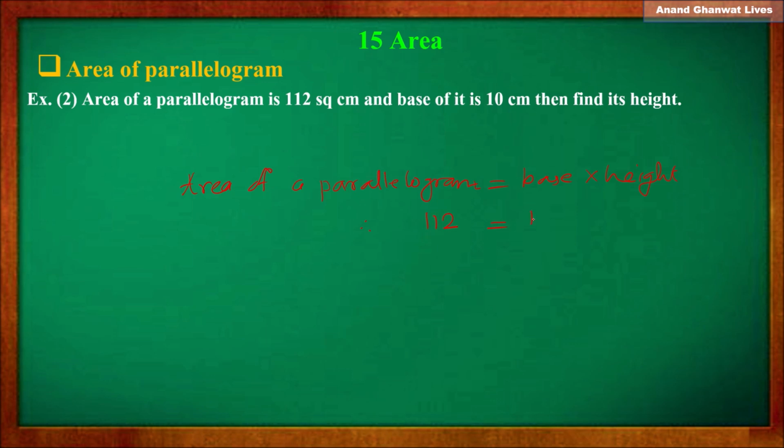The base is given here, that is 10, and the height is not given, so it is unknown. Let us assume the height is h. Therefore h is equal to 112 divided by 10, and therefore h is equal to 11.2 centimeter. So the height of the parallelogram is 11.2 centimeter. Okay, do you understand it?